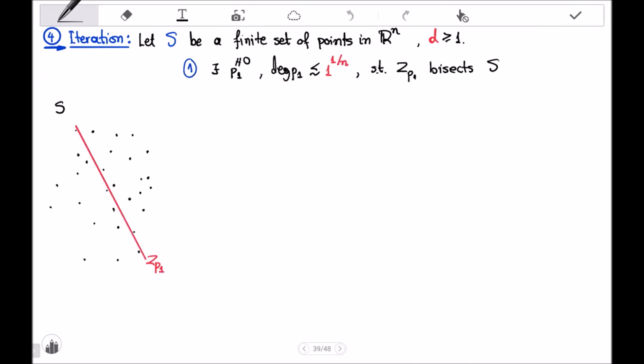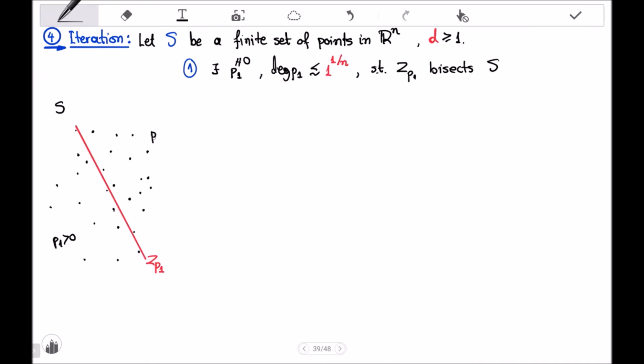So here is the first stage. You just have one set, and you want to split it. You can do it with a plane. So you just need a polynomial of very low degree, at most the number of sets to the 1 over n, which is just 1, bisecting S. On the part where P1 is positive, we have at most half the points, that's the first cell here.